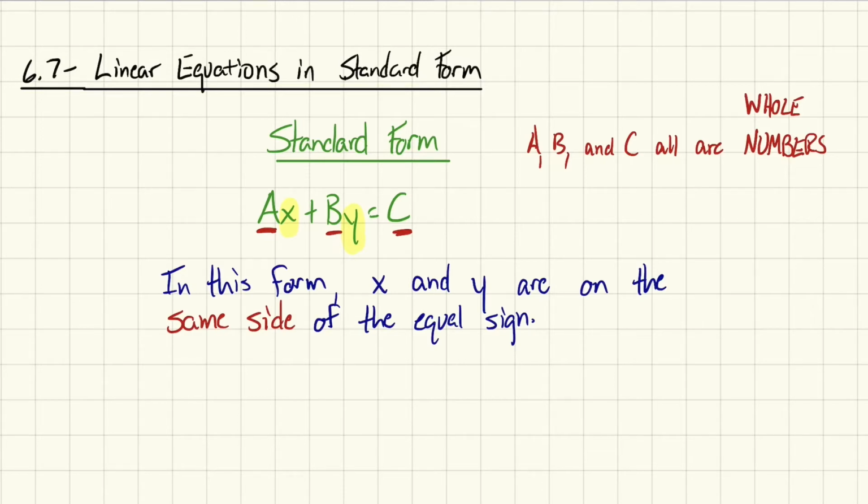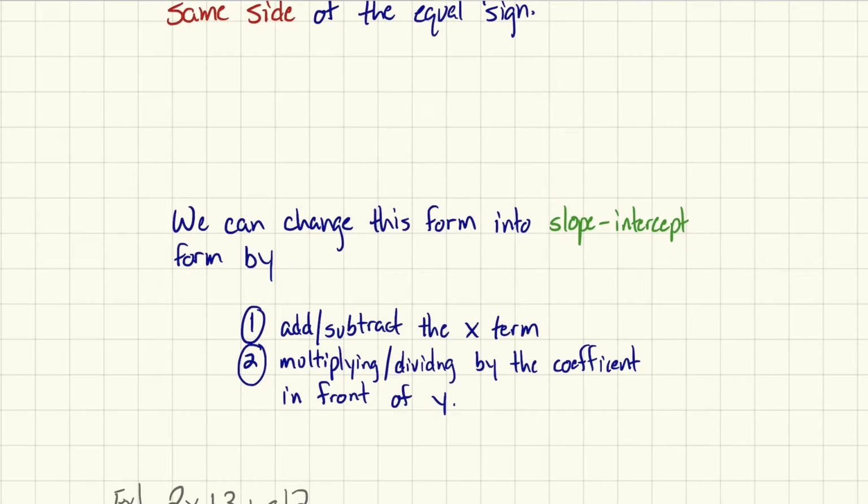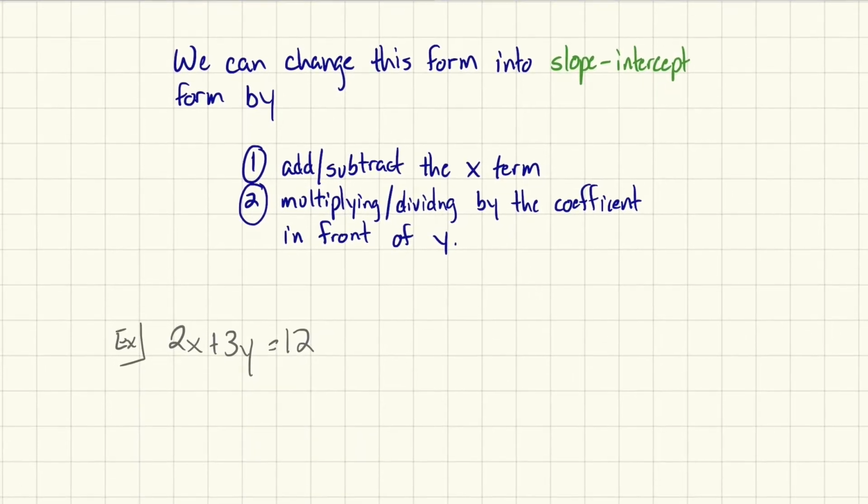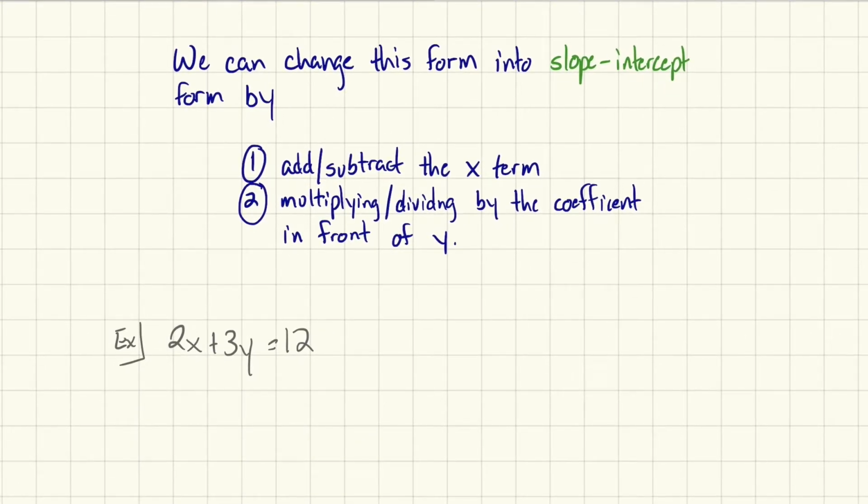So if we can remember that and get that down, then we can start building equations using standard form or taking standard form equations and transforming them into something else. Now, that is actually what we're going to focus on, that second piece. We're going to focus on changing standard form into slope-intercept form.